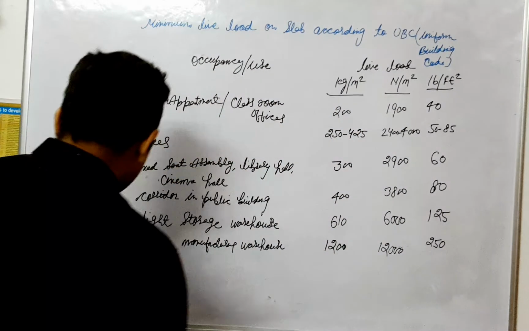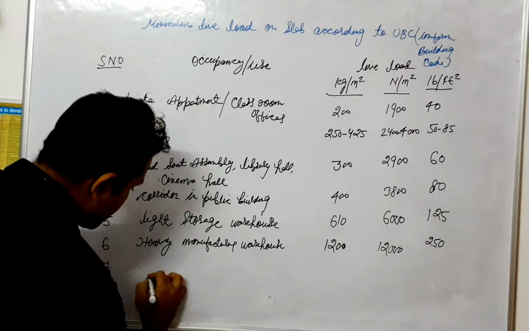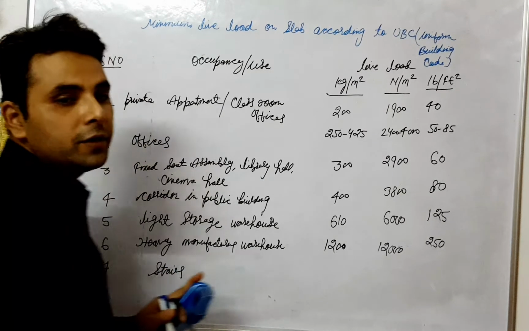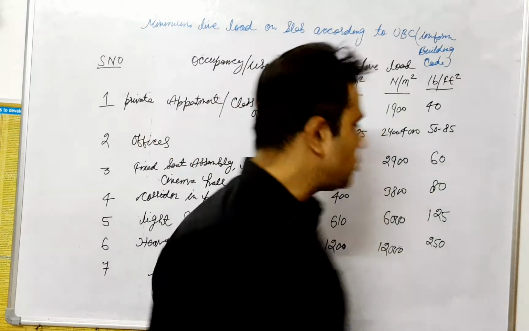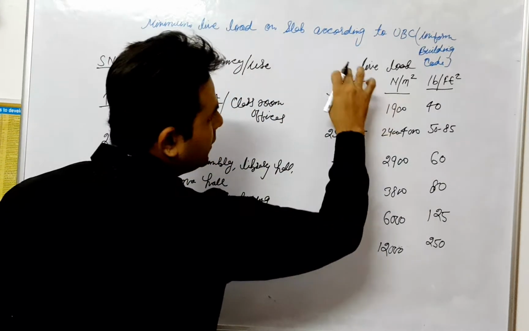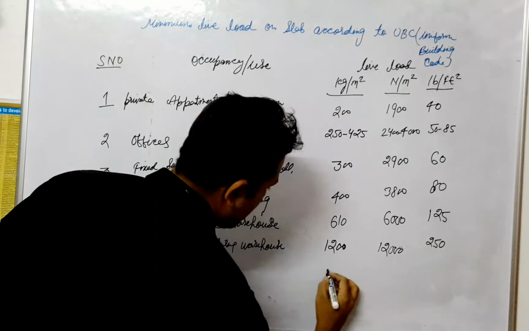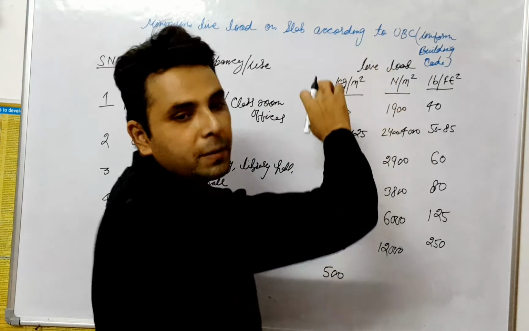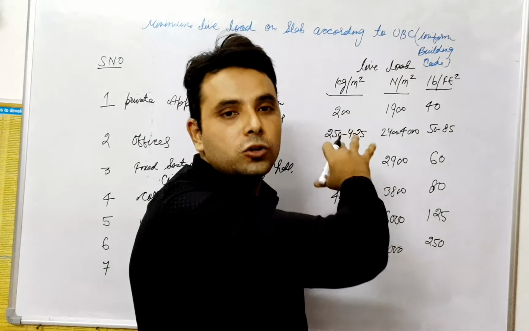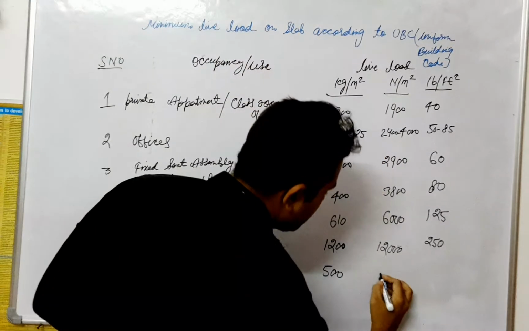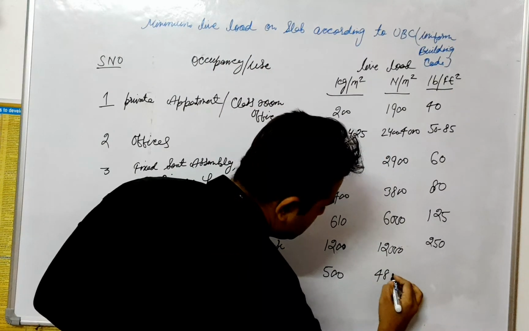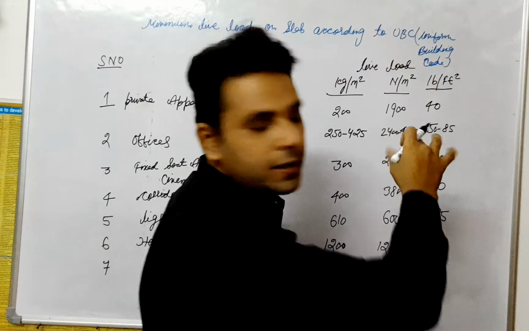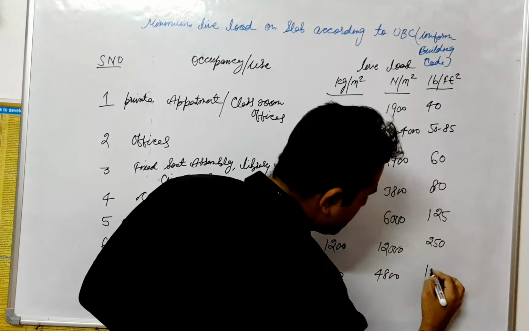And last one is, if you are going to design a stair, in that case you have to take live load in kilogram per meter square as 500, and Newton per meter square 4800. And in the case of pound per square feet, the value is 100.